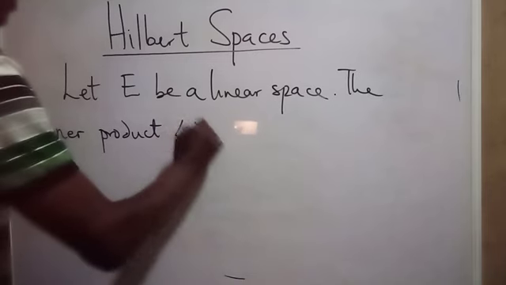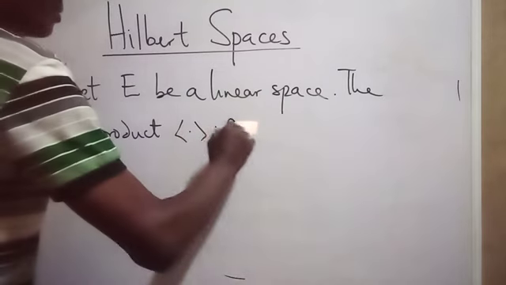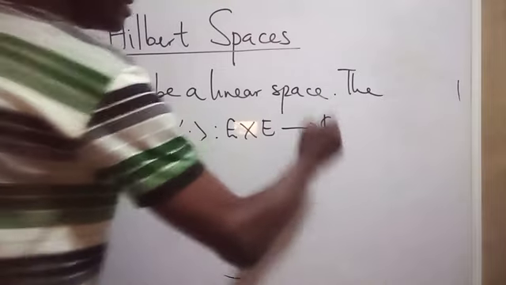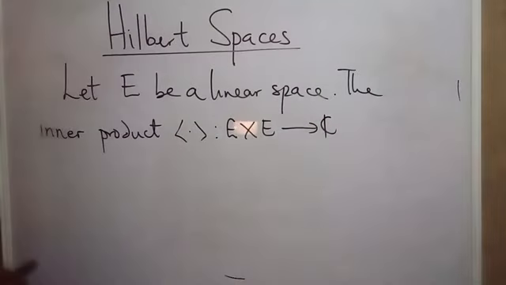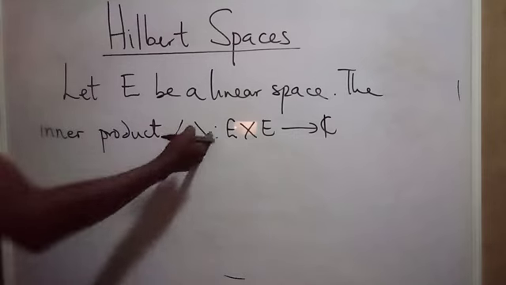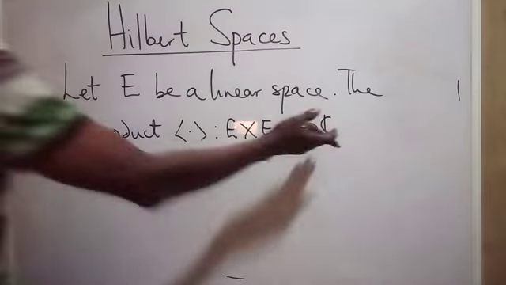Let's say this is what we call inner product, that takes the Cartesian product of E to the set of real number. Okay, the inner product is a map. You can see that it's taking what? It's taking the Cartesian product of this linear space to the set of complex number.